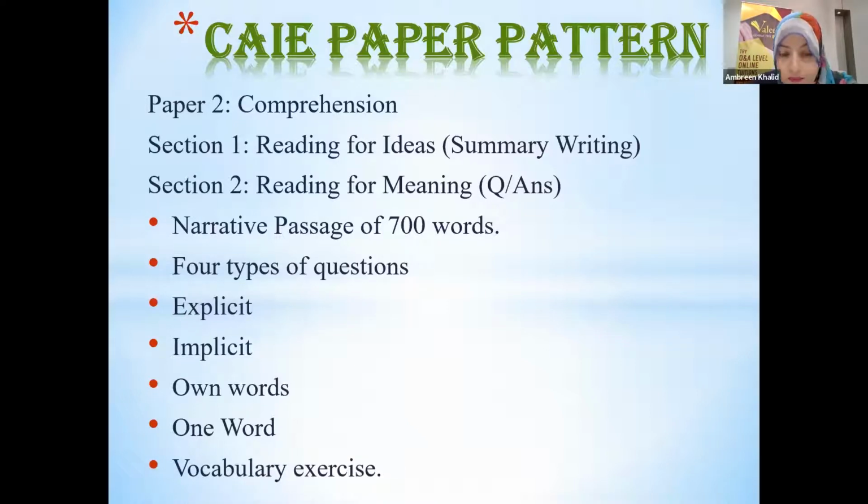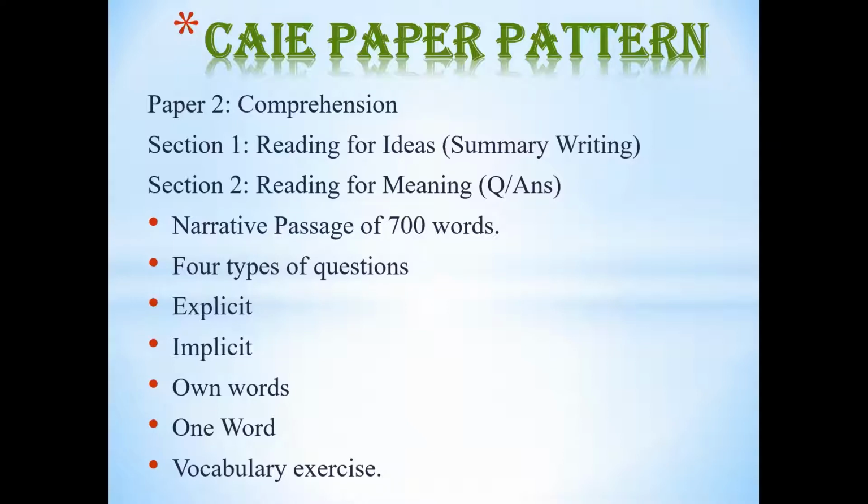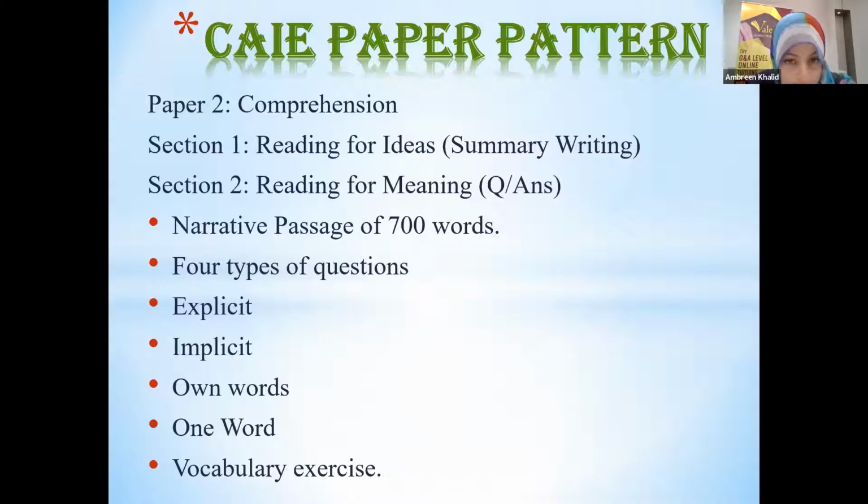And then vocabulary exercise. Now from new year, the pattern has been changed and they have added meaning and effect questions as well. If we look very closely at meaning and effect questions, they are not a different type of question. They are from these types only. For example, if it's the meaning part, then it's definitely own word question, explicit type 2.